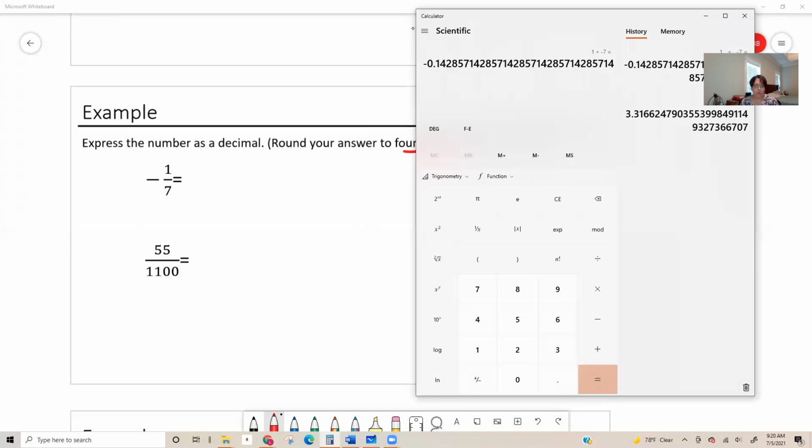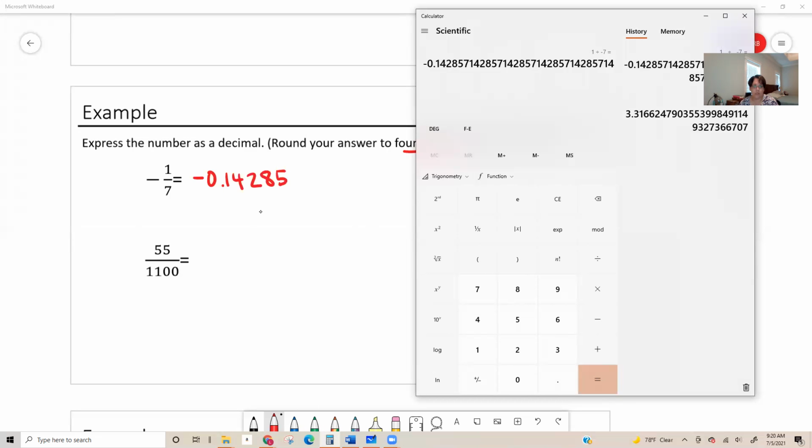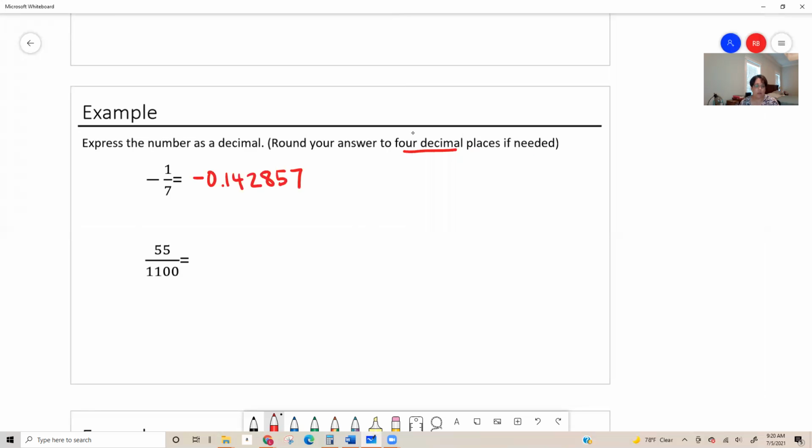0.14285. I'm going to write this out, 0.14285, was it 7 maybe? Yeah, 7. Okay, so it says to round to 4 decimal places. So if you go 1, 2, 3, 4, you look at the very next number. Okay, so the next number here is 5.